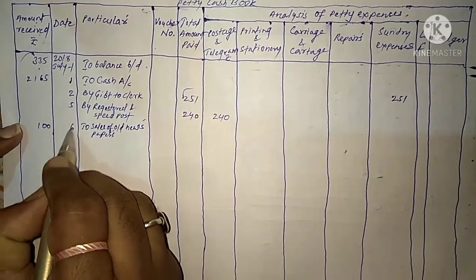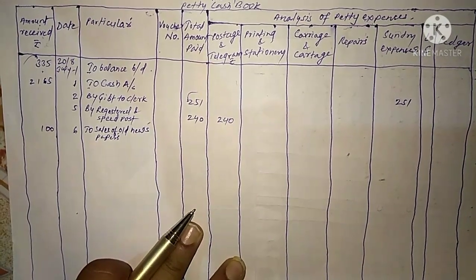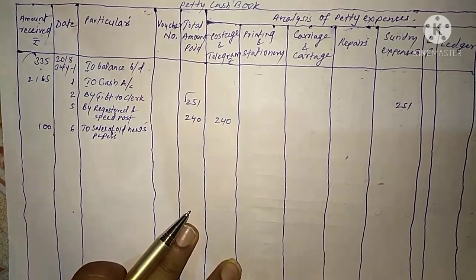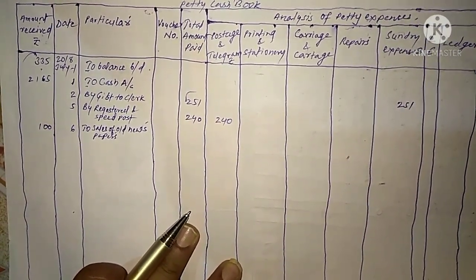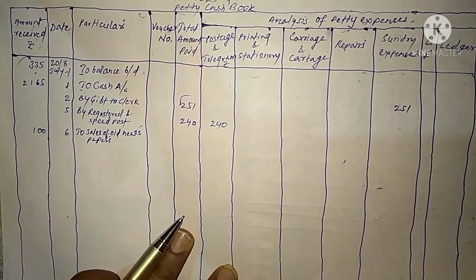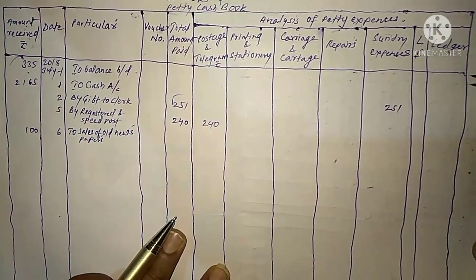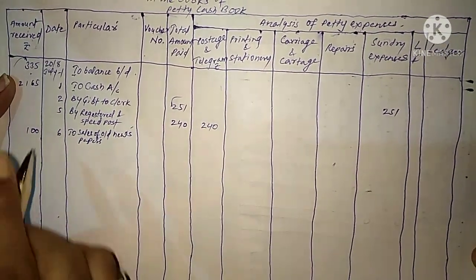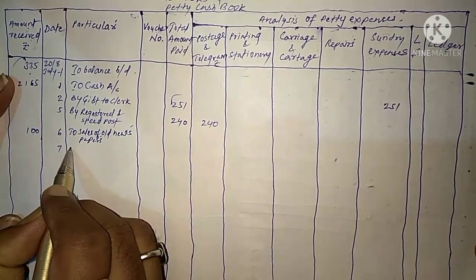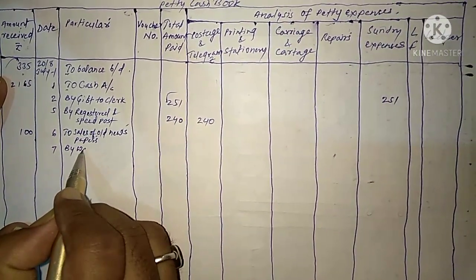And then next transaction is there, वॉशिंग चार्जेस पेड टू प्यून, ऑफकोर्स इसका भी कोई एविडेंशियल प्रूफ नहीं रहता है, तो this will also go to the sundry expenses accounting head. So in particular we have to write by, पेमेंट है तो बाय यूज करना है, by washing charges.